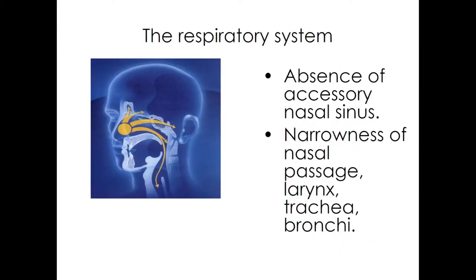On this slide, you can see the upper respiratory system: absence of accessory nasal sinus, narrowness of nasal passage, larynx, trachea, bronchi.